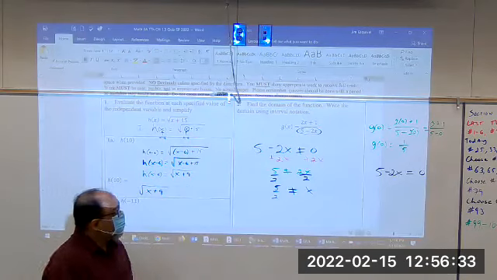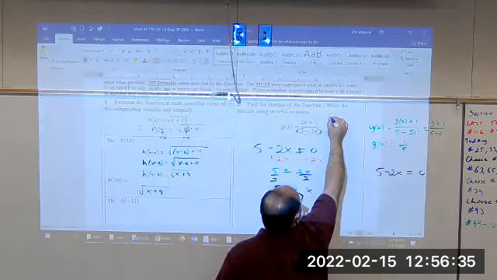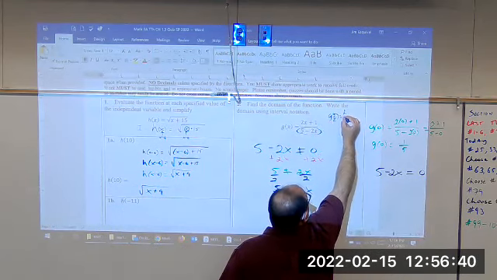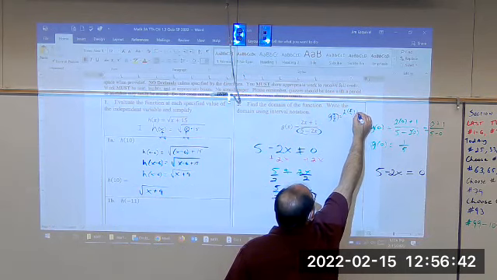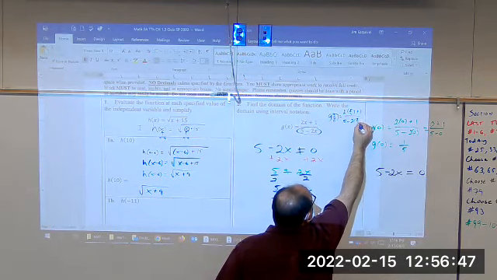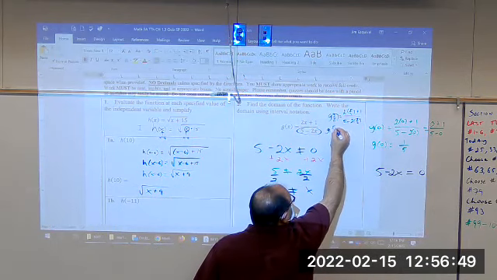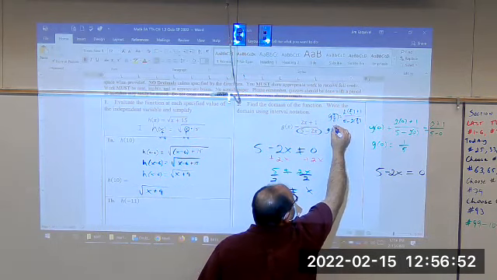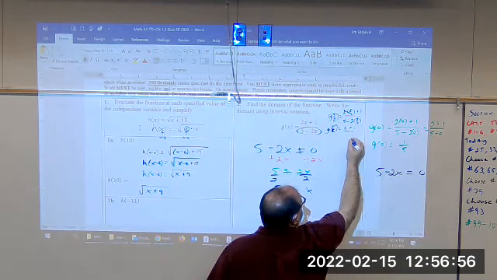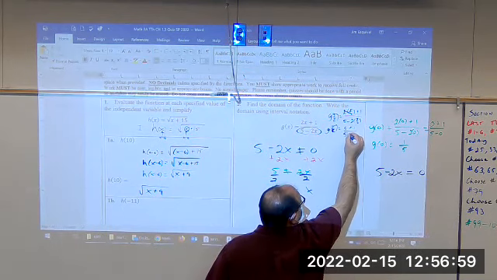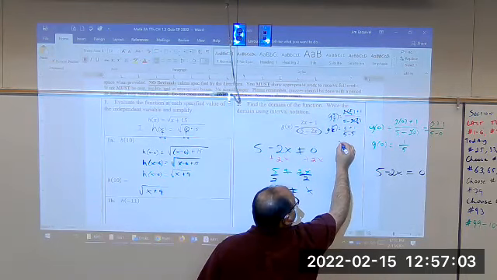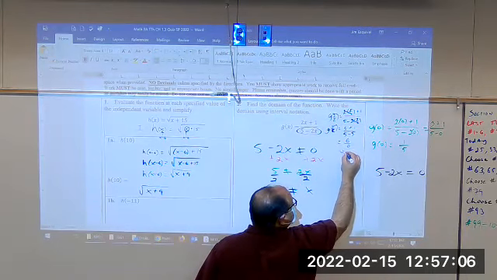If I plug in 5 over 2, I get 2 times 5 over 2 plus 1 over 5 minus 2 times 5 over 2. So g of 5 over 2 is 5 plus 1 in the numerator. In the denominator, it's 5 minus the 2's reduced, and I'm left with 5. So I get 6 over 0, which is undefined.